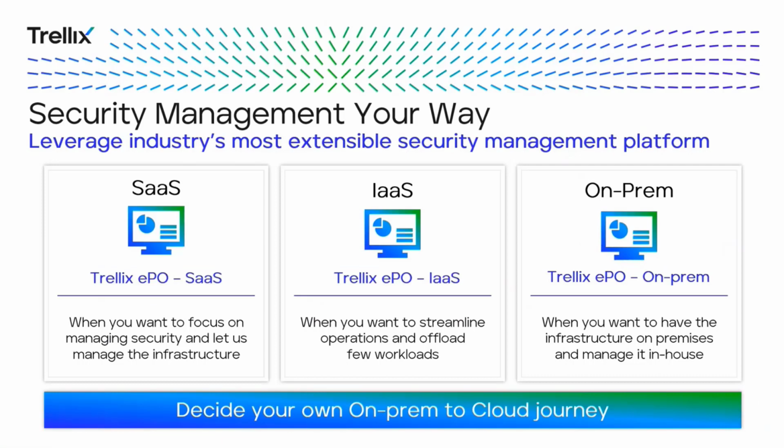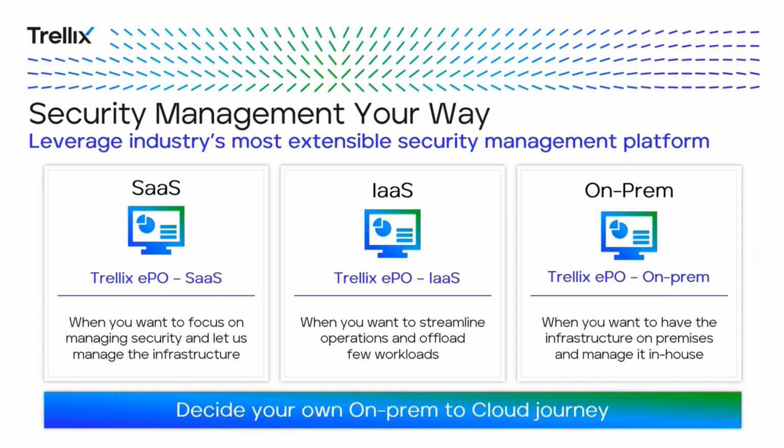Like I was saying, EPO SaaS is one way in which you can adopt the product. It's definitely the lighter and easier way, where you can focus on your own security alone and not bother about the infrastructure. But if you need to use the on-prem model, or an in-between model, which is using the EPO on-prem product on top of public cloud providers, basically using their infrastructure as a service, that also can be done.